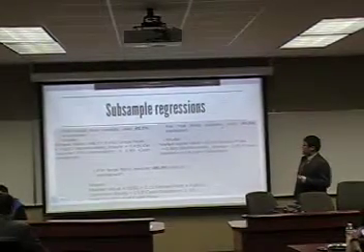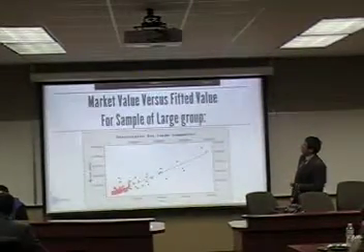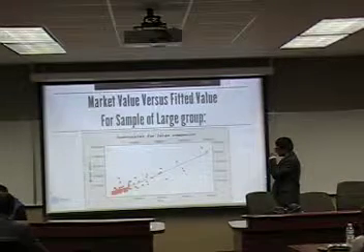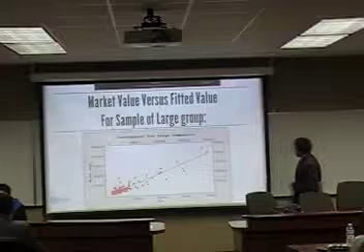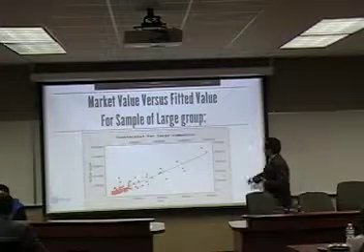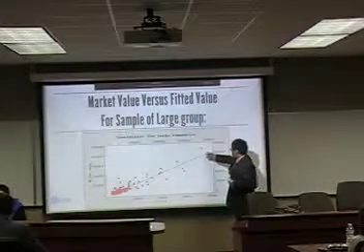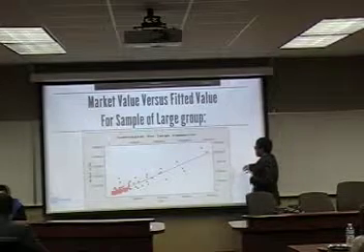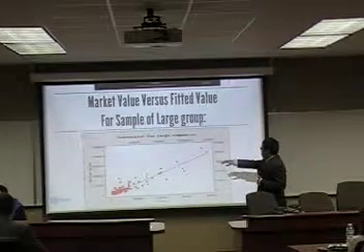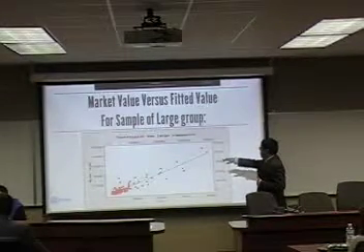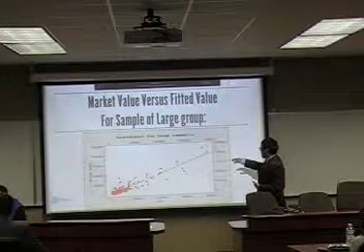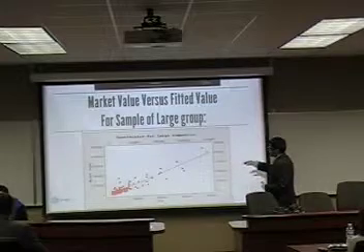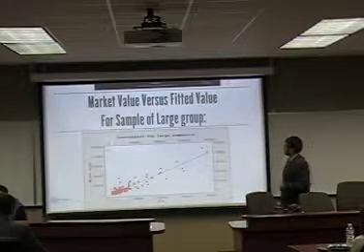I also got some plots to help you understand the regression. This is a scatter plot for large companies. You can see the equation of this line is y equals x. You can see the data points for the large companies are well fitted to the line. It means we can have a good estimation of the market value by applying this model.